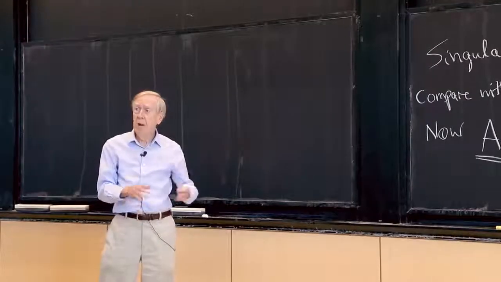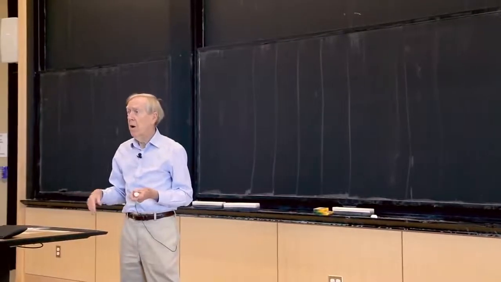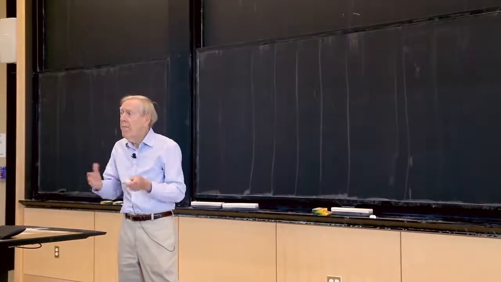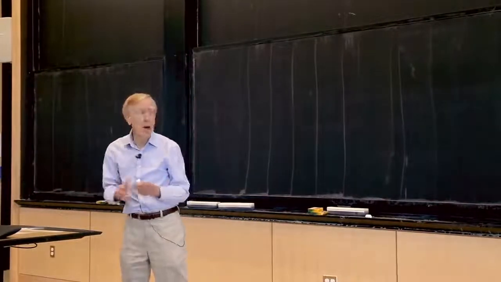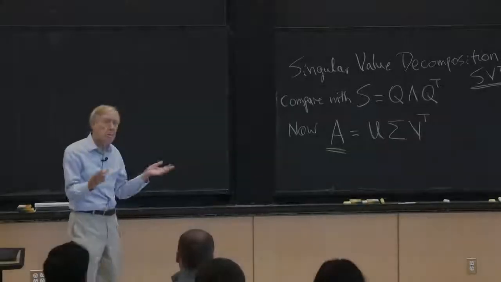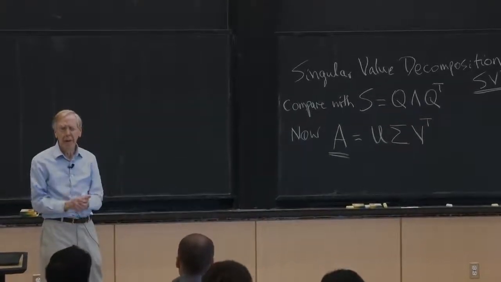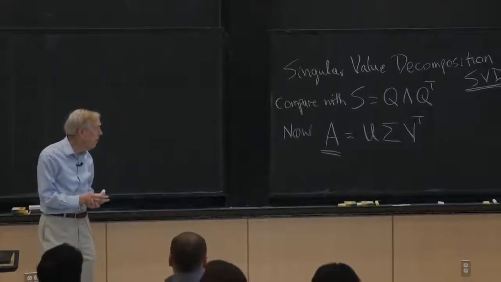But for a general square matrix, either the eigenvectors are complex, eigenvalues are complex, or the eigenvectors are not orthogonal. So we can't stay with eigenvalues forever. And this is the right thing to do.